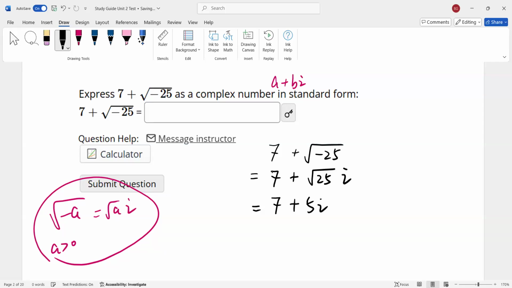And that's it. Very simple. The result is 7 plus 5i, and it is in standard form. Yeah, this problem is just to test one formula. How do you rewrite a square root of a negative number in terms of i? This is the formula.